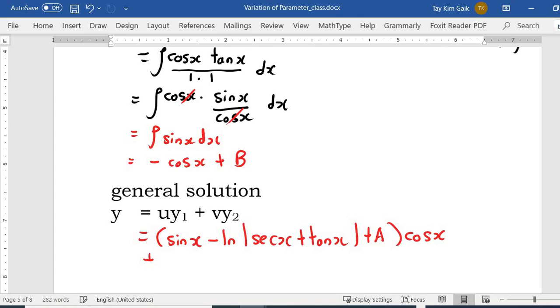Plus the v, which is negative cos x plus b, multiplied by y2, which is sin x.